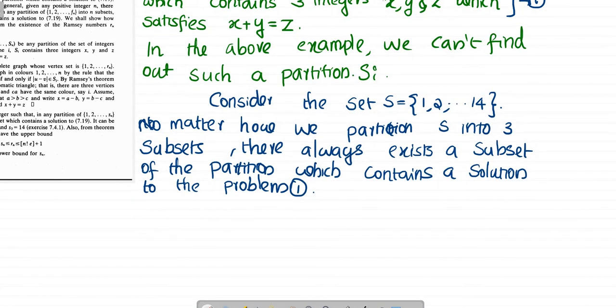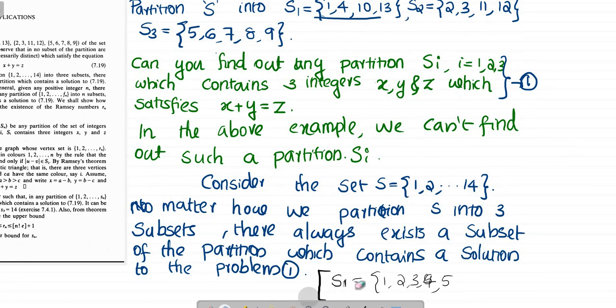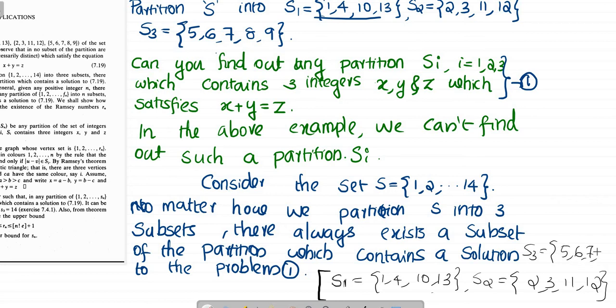S1 is equal to {1, 4, 10, 13}, S2 is equal to {2, 3, 11, 12}, and S3 is equal to {5, 6, 7, 8, 9}, and I have to take one more element here, that is 14. I have to add 14.